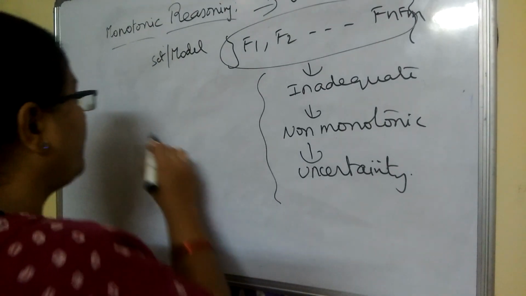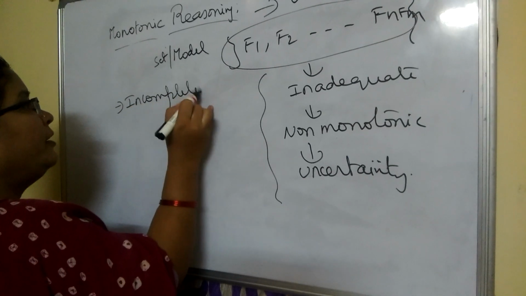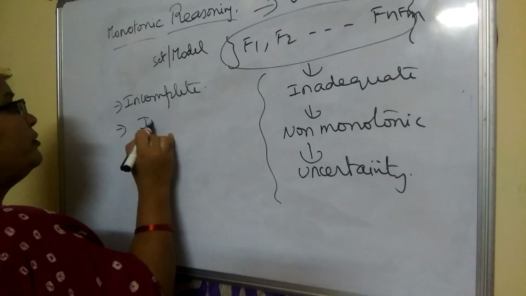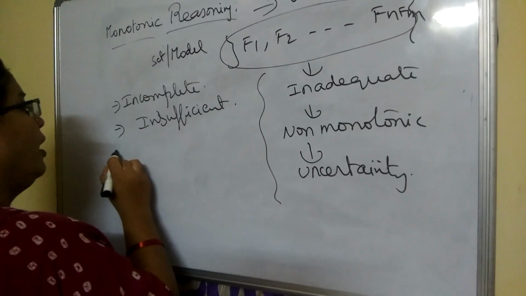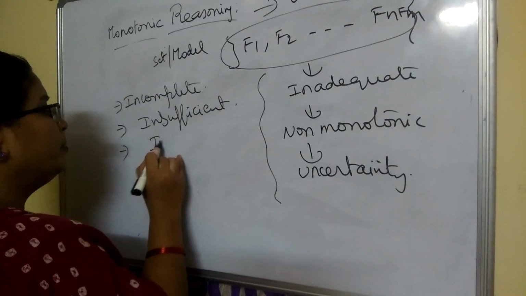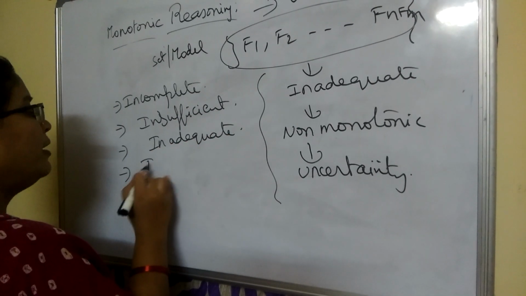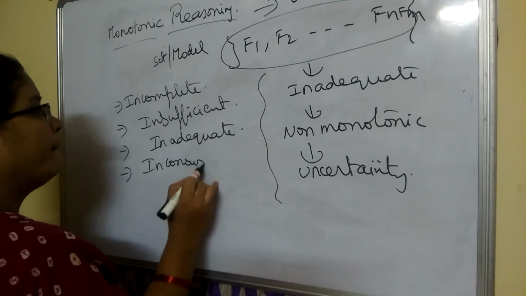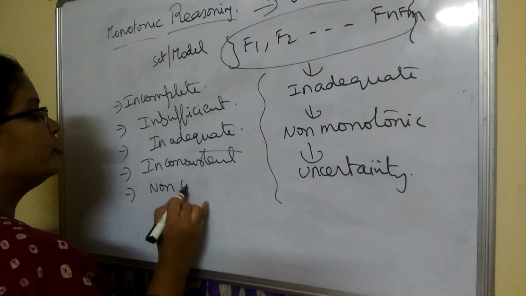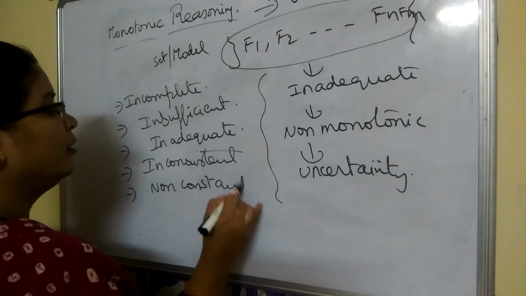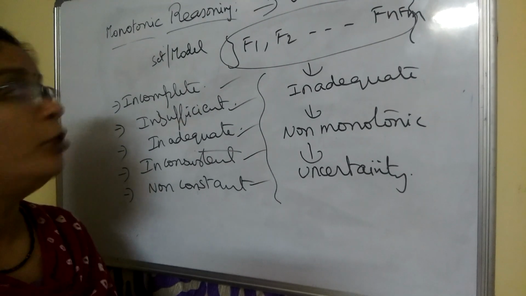Okay, so what are the properties of the uncertainty? Uncertainty results in incomplete information or model, insufficient information or model, inadequate information or model, inconsistent model, and non-constant model.